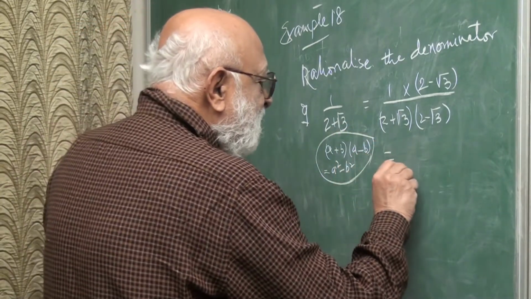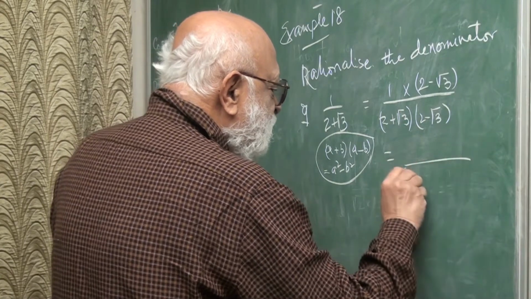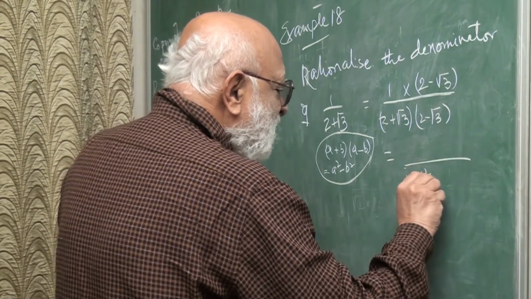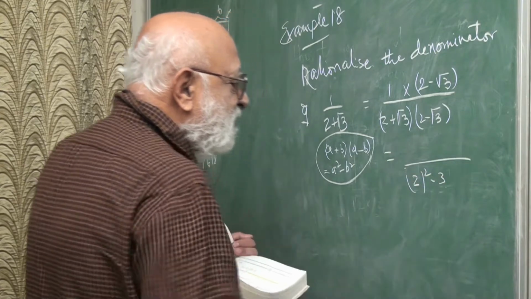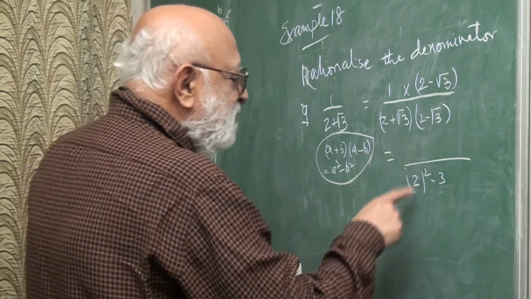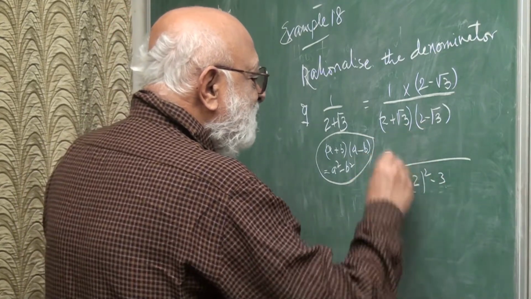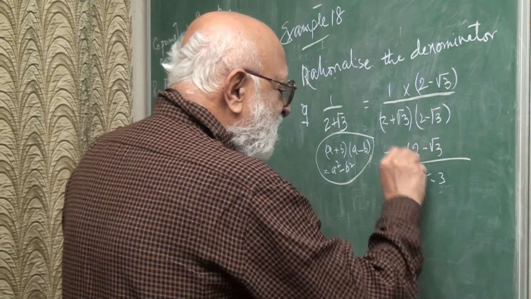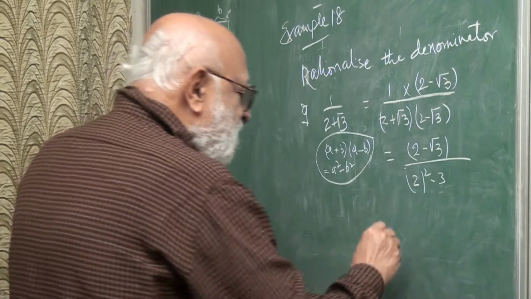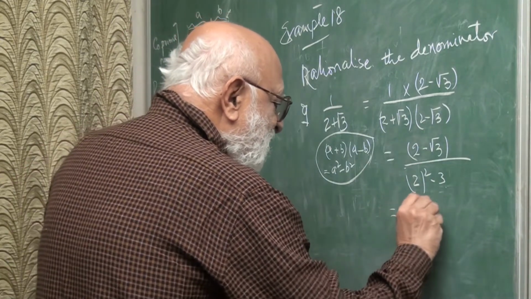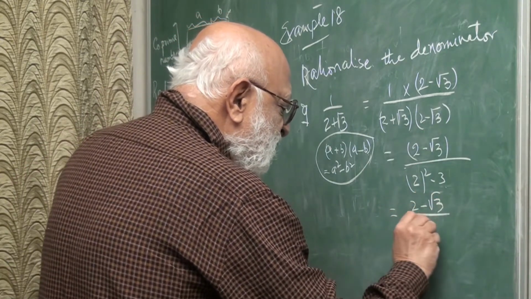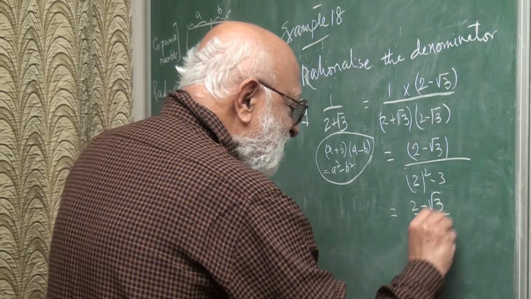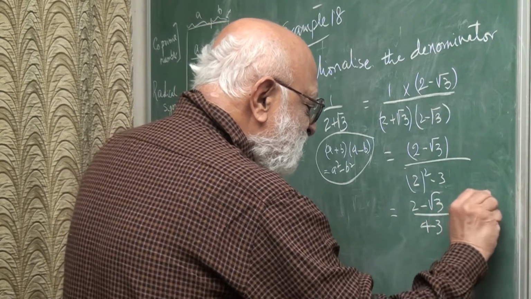So the bottom becomes 2 square minus 3, because b square will be with a minus, and the top will be 2 minus root 3. So this is 4 minus 3, that is, 2 minus root 3.